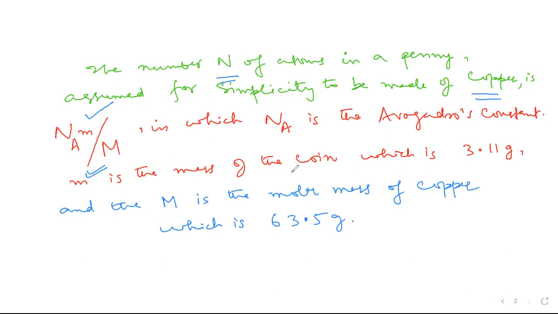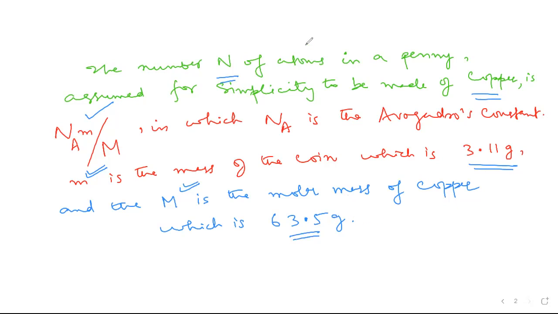Small m is the mass of the coin, which is 3.11 grams, and capital M is the molar mass of copper, that means the mass of 1 mole of copper atoms, which is 63.5 grams, right?